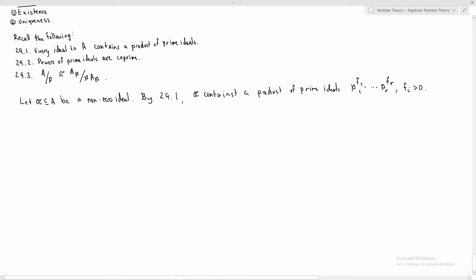By the second lemma, 29.2, the collection of Pi to the Fi are all pairwise coprime.